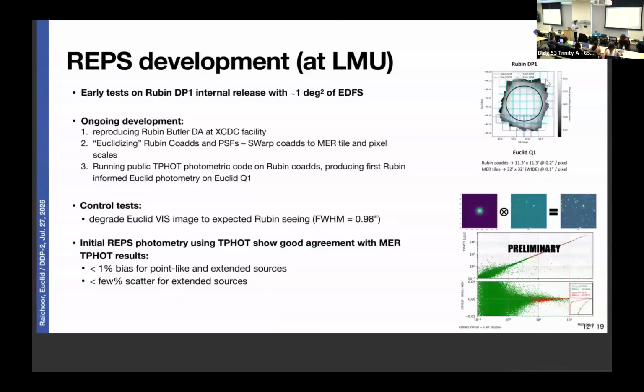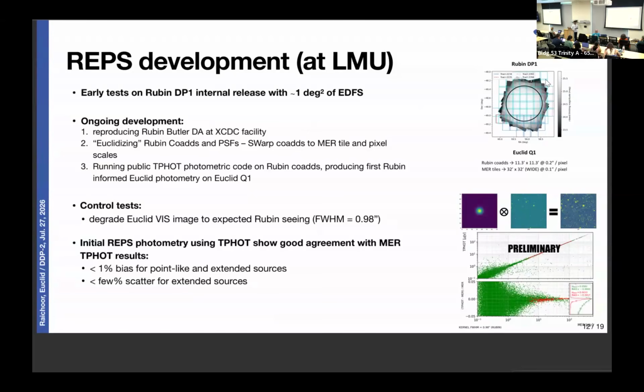Here is just one slide advertising what is done in Germany to develop the photometric pipeline. They've been working so far on the Rubin DP1 data, the EDFS field, just starting to have things running, having ingested a buffer and a scheme, and adapting the Euclid pipeline, extracting what's necessary and working on that.